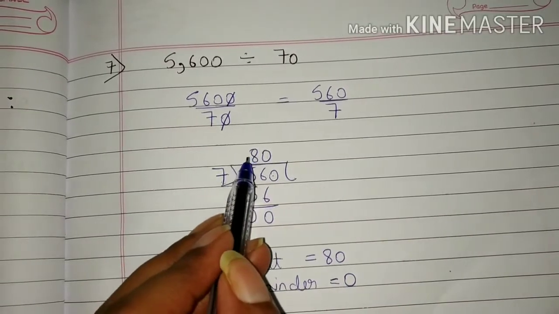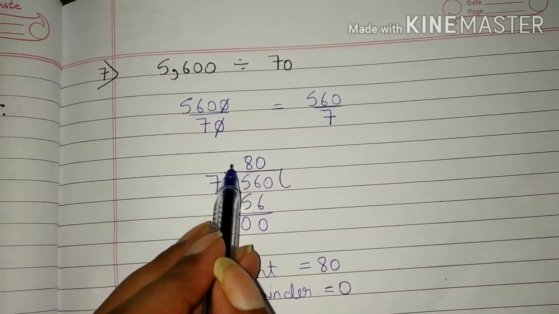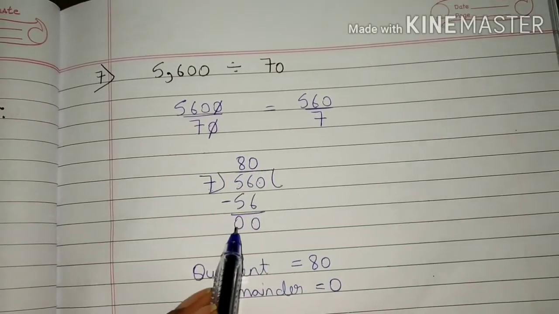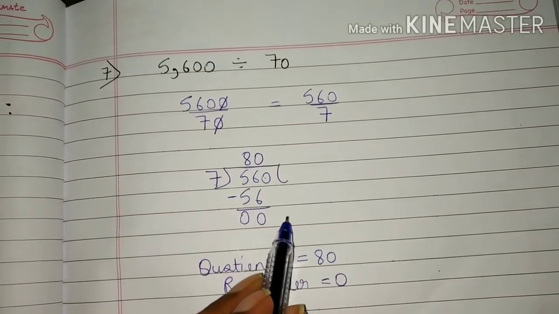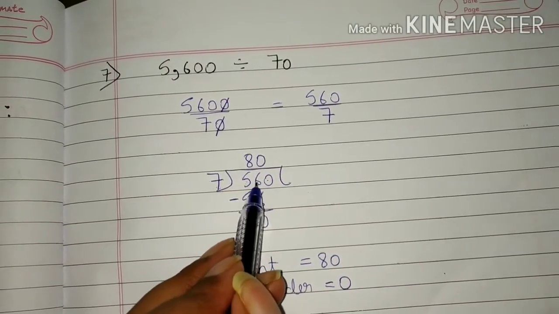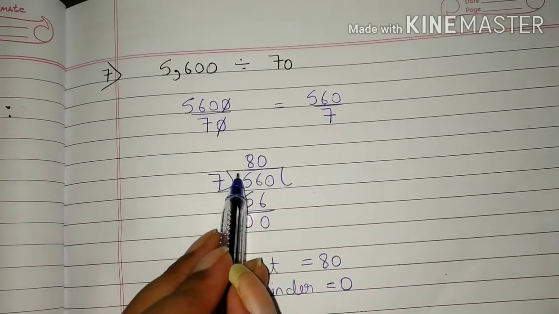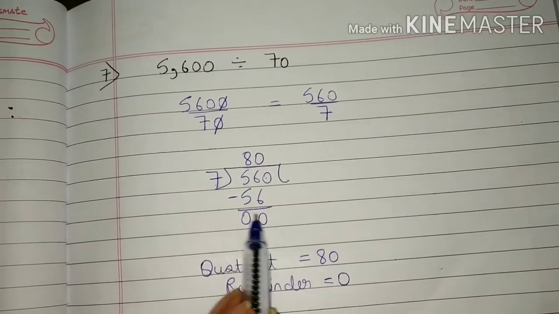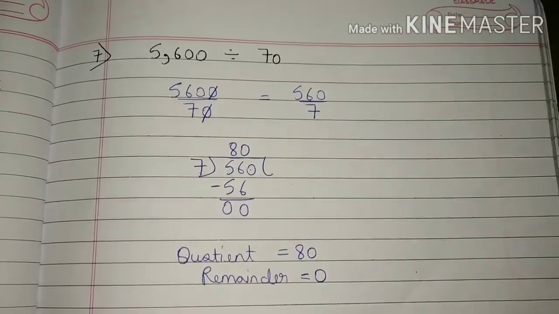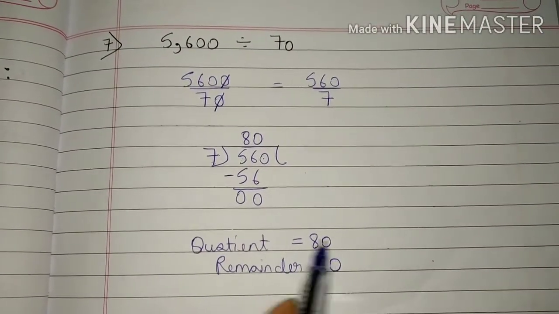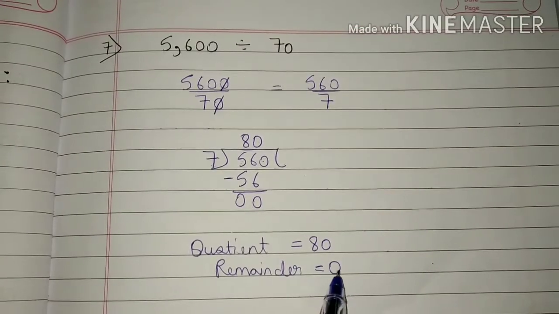Now students, 80 is quotient and 0 is remainder. 560 divided by 7 will give 80 as quotient and 0 as remainder. Quotient is 80 and remainder is 0.